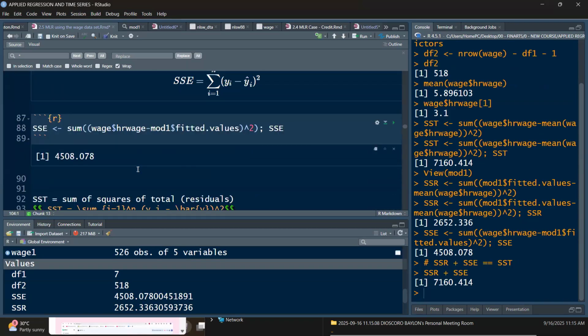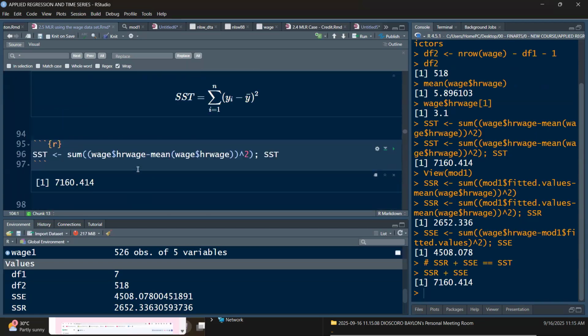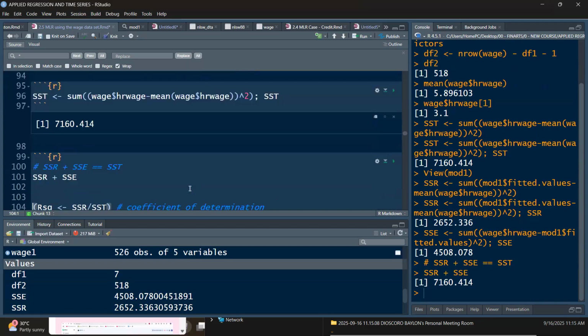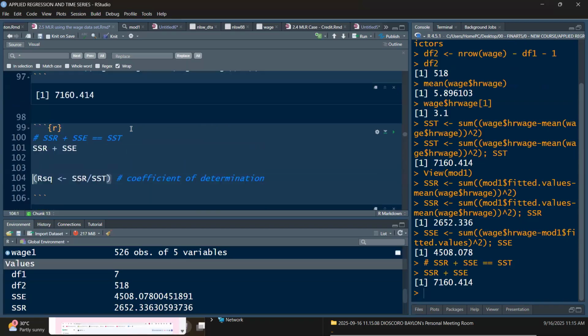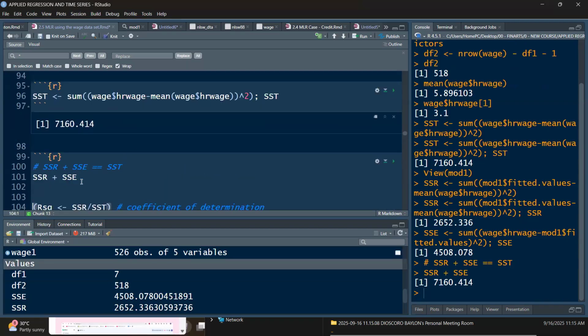And that's exactly the same as your SST, 7160.414 guys. Okay, so we can really conclude that the total sum of the squares is equal to your regression sum of the squares and your residual sum of the squares.